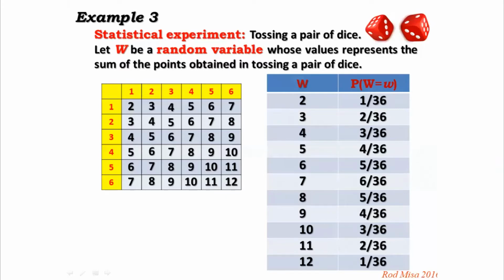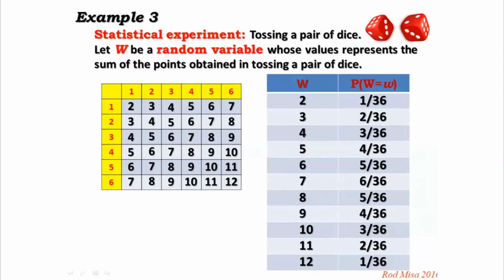And again, you notice that a probability distribution contains two parts. The values of the random variable, which you can see in the first column, and its corresponding probabilities, which you can see in the second column here.